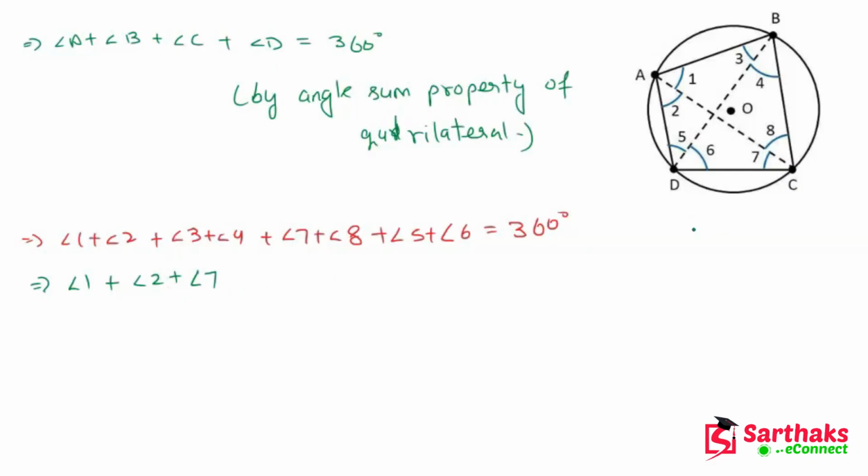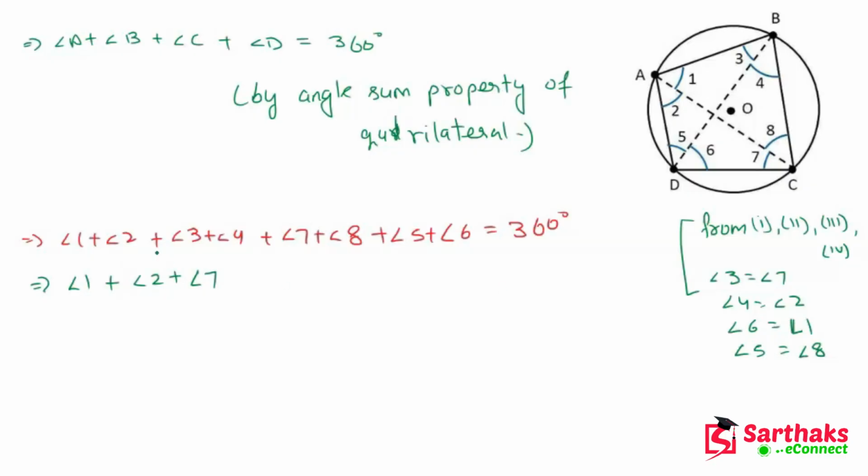From equations 1, 2 and 3 we know that angle 3 is equal to angle 7, angle 4 is equal to angle 2, angle 6 is equal to angle 1, and angle 5 is equal to angle 8.